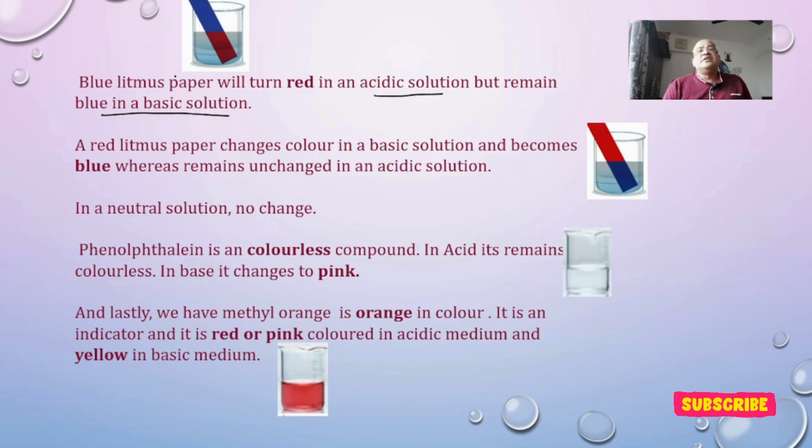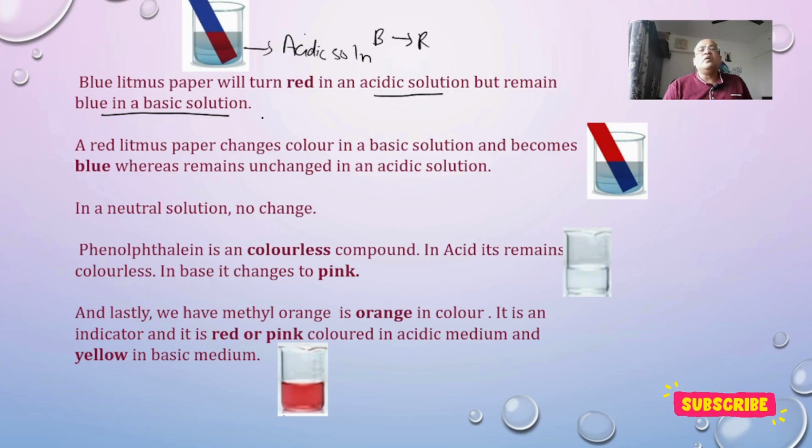See here what is happening. Blue litmus paper is there. When you put this in an acidic solution, what you see is that blue litmus paper turns red. Here you see blue litmus paper has turned red, right?